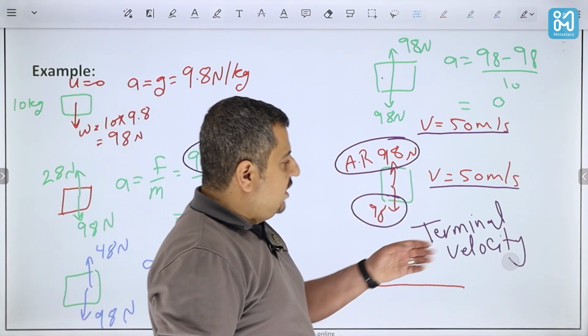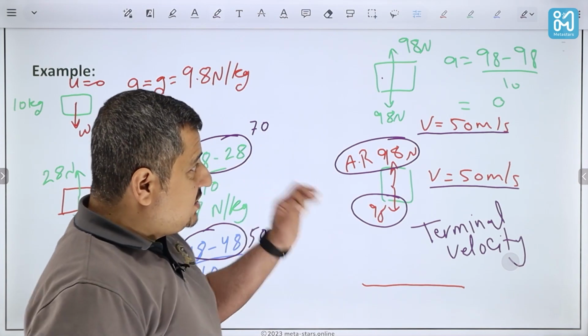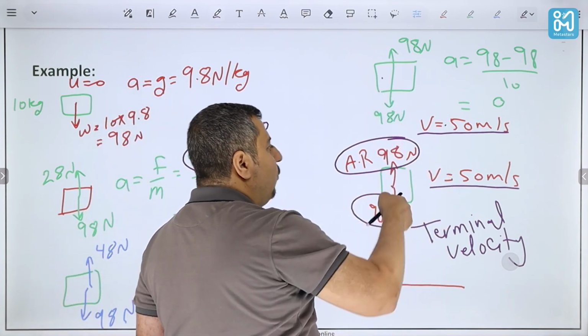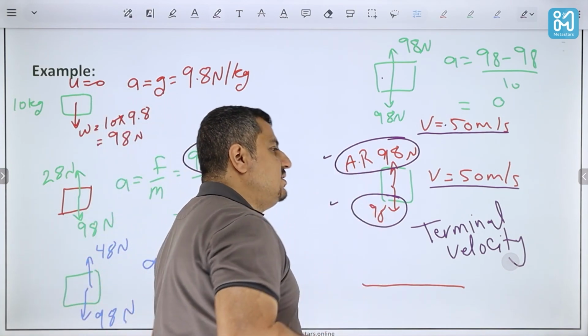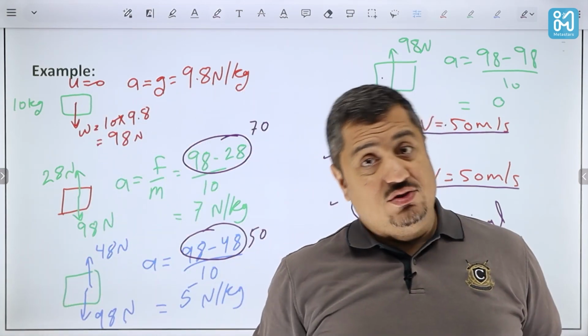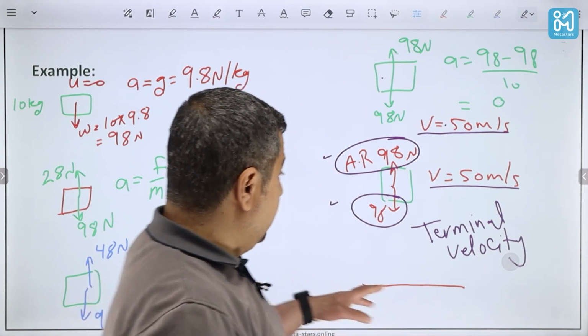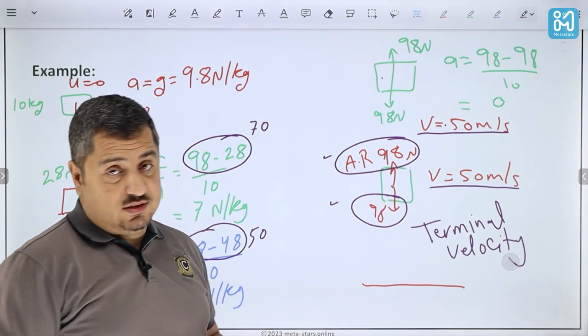Again, the terminal velocity is the constant velocity that the falling object has if the weight and air resistance are equal. So it is a constant velocity. This is called terminal velocity.